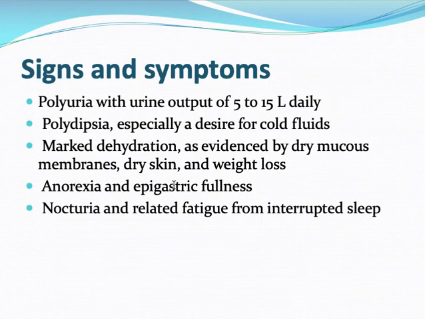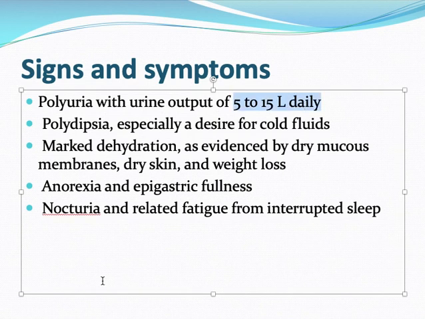Okay, so let's go to the signs and symptoms of this one. Simply, if the person is complaining that they have polydipsia and polyuria, what it means is they are producing a large amount of urine, like in this one, 5 to 15 liters per day.